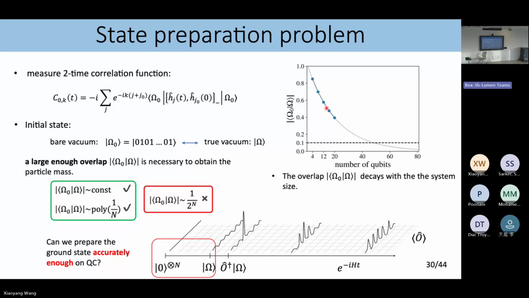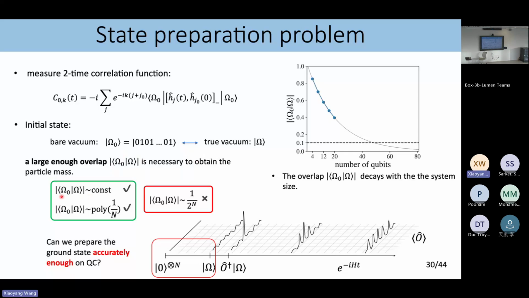If we want to perform the method on a larger system size, because of the exponential decay with the system size, we will need some method to increase this overlap such that the signal can be measured.